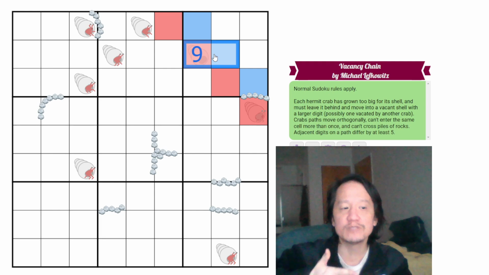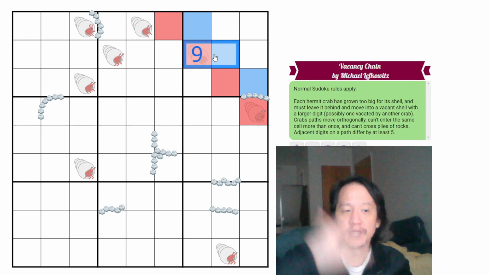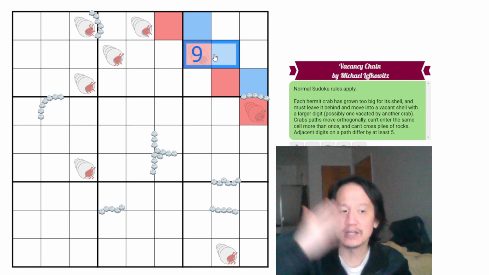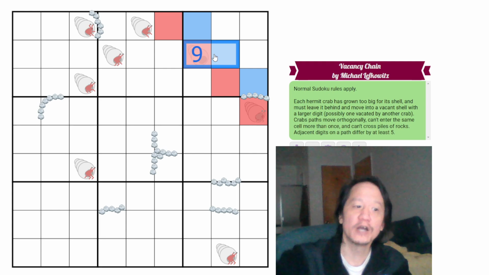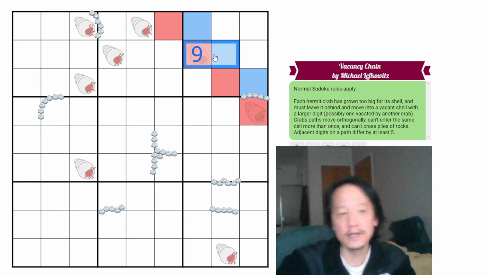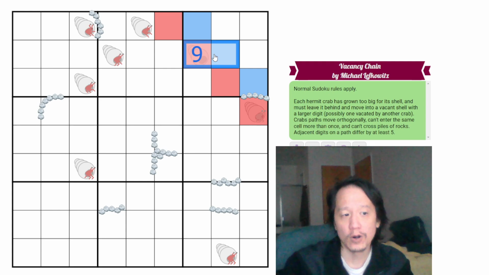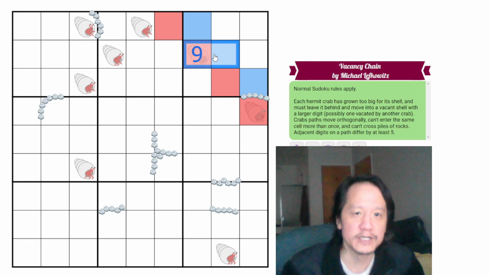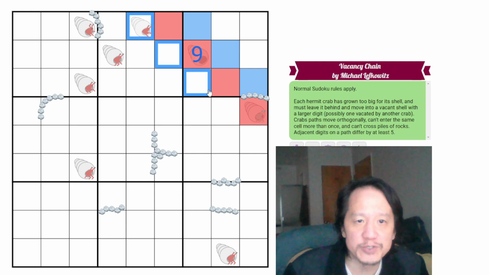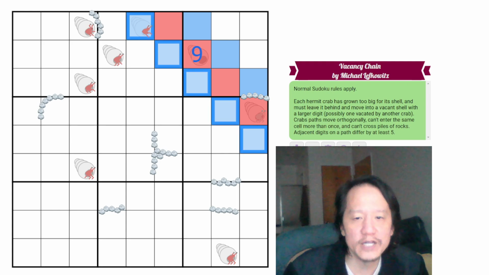Because the difference from 1 through 4 to the next number has to be at least 5, which is 6 through 9. And the difference from 6 through 9 has to be at least 5, which would be 1 through 4. So it always alternates.